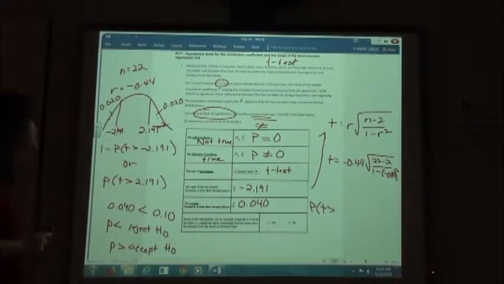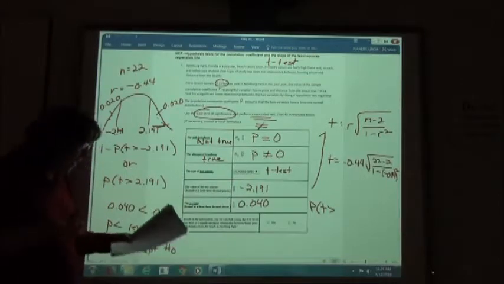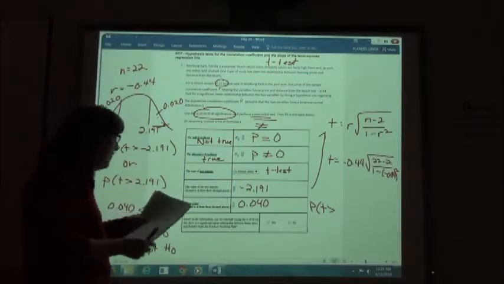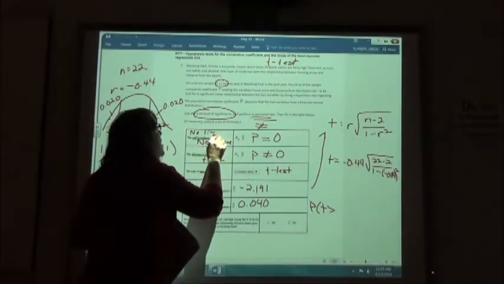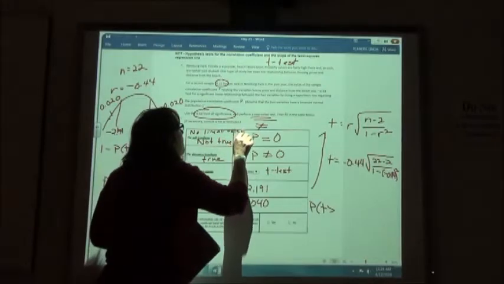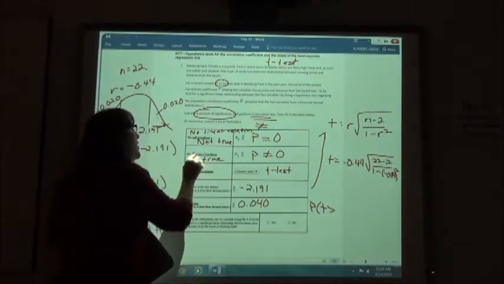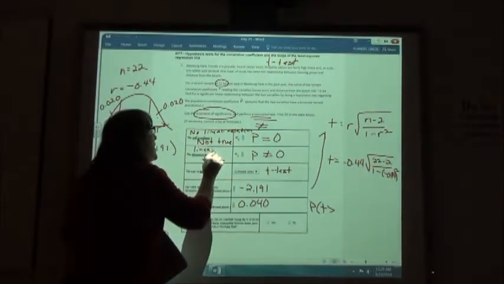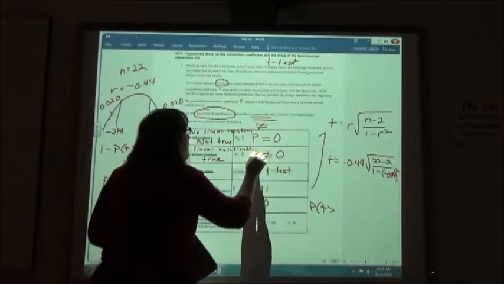Well, how we're going to figure that out, and this is probably a little easier than the other hypothesis tests, is if the null is true, there is no linear relationship. If the alternative is true, then there is a linear relationship.